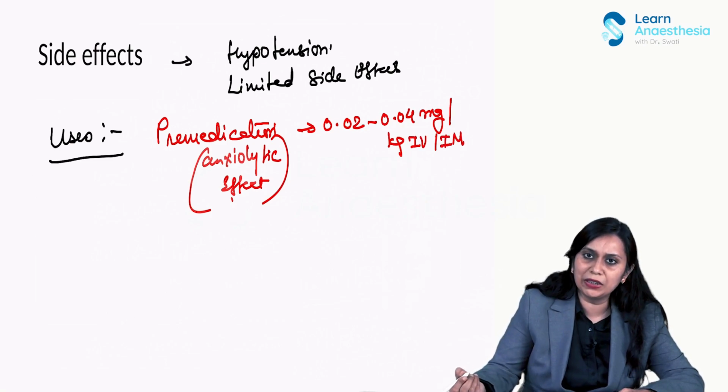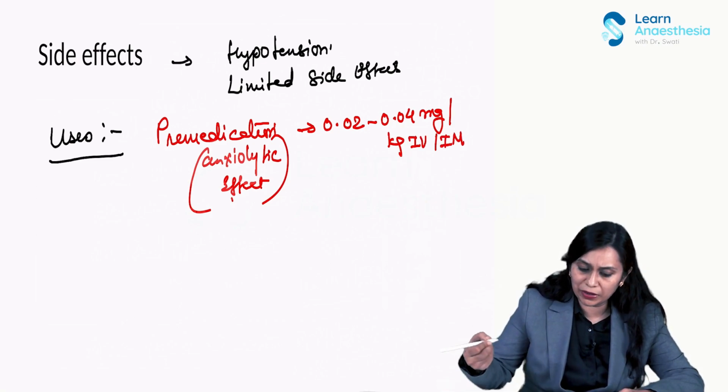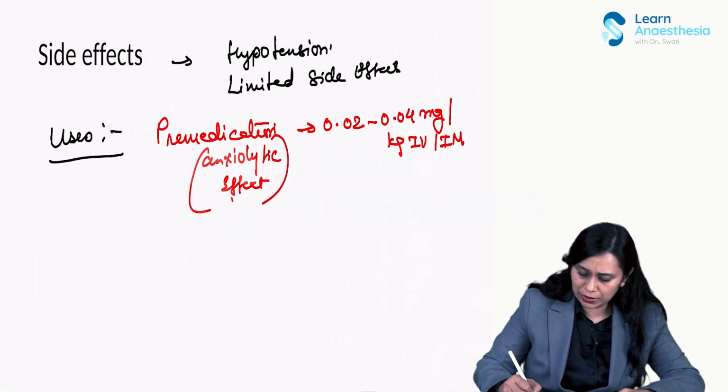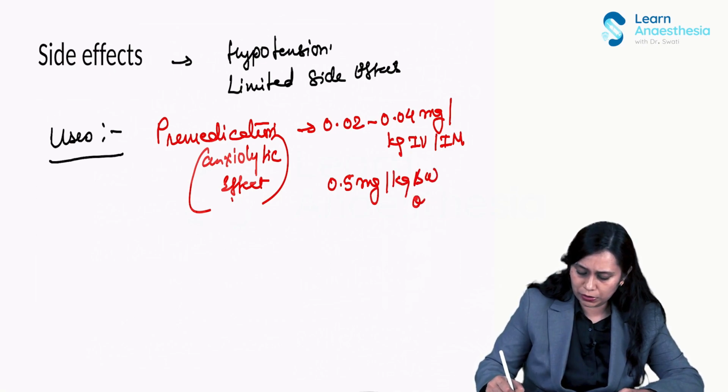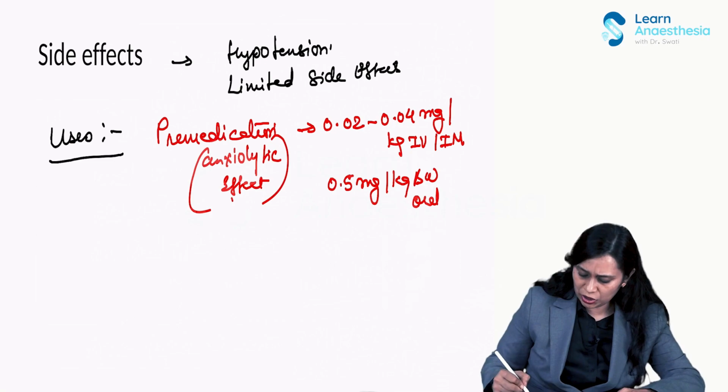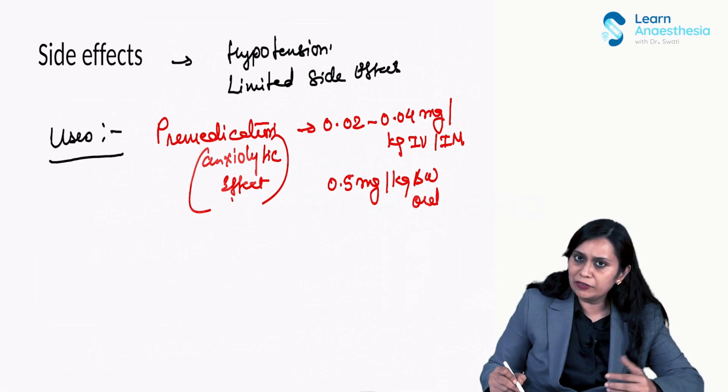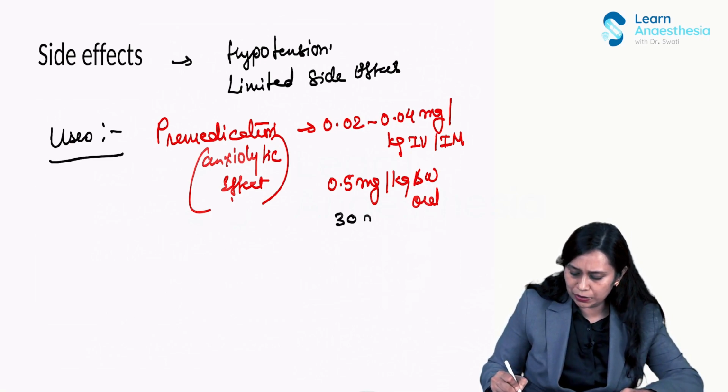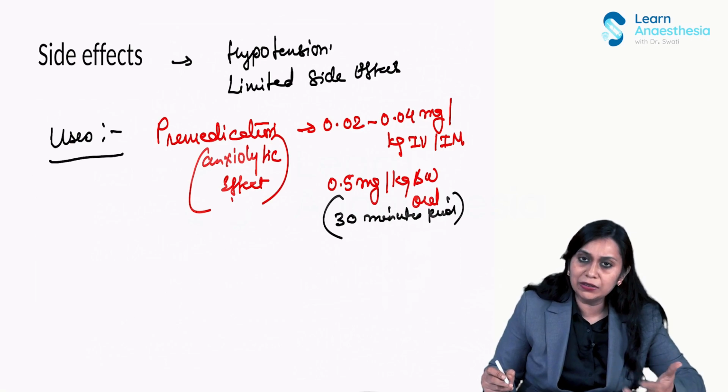This is the pre-medication for anxiolytic effect. And if I am giving oral, then 0.5 milligram per kg body weight oral. For pre-medication orally, we have to give it 30 minutes prior for the effect. Its effect comes in 30 minutes.